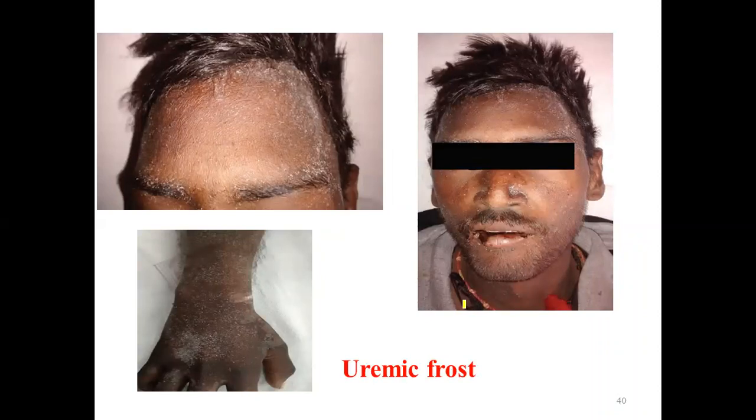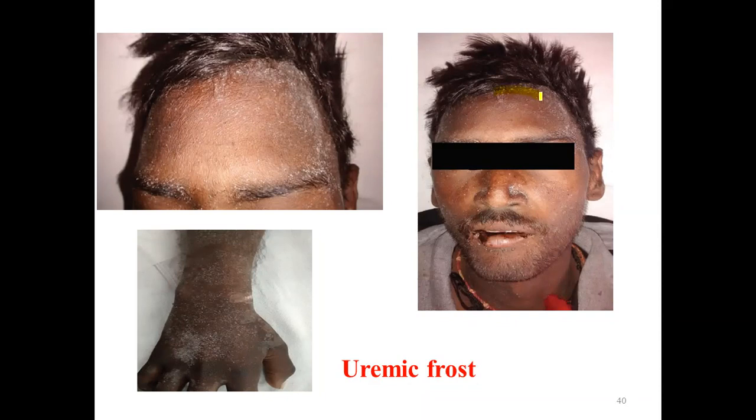In severe cases, the urea can crystallize and deposit on the skin. It seems like a powder, a kind of powder particles on the face and even throughout the body. But it is very common in the forehead, the earlobes, and so on.